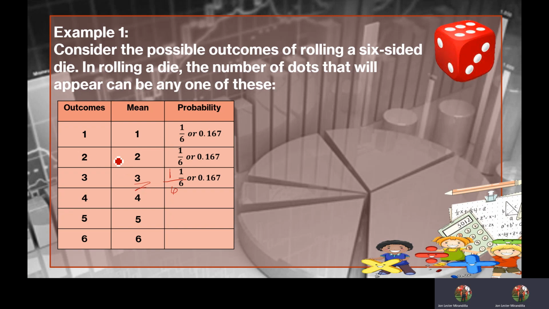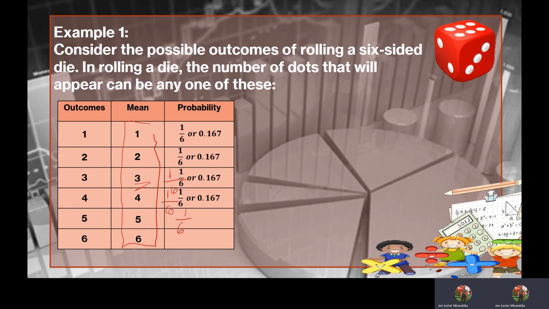Same with our mean of 4. Ilang beses lumabas si 4? Isang beses lang. Divided by 6 is equal to 0.167. So, same lang din siya sa ating mean of 5. Ilang beses lumabas si 5 dito sa ating mga means? Isa lang din, di ba? O 1 out of 6.